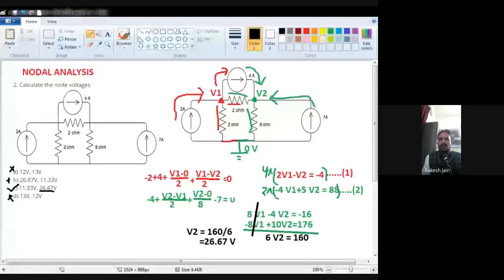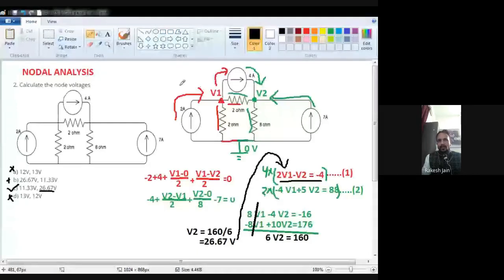Now see those four options. In the first option, the first node voltage is 12 volt and the second node voltage is 13 volt. Because 26.67 is not there anywhere, I just cross this one. See the last option, 13 volt and 12 volt. Because there is no 26.67 voltage, I just mark a cross there.